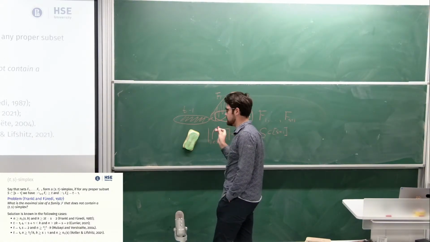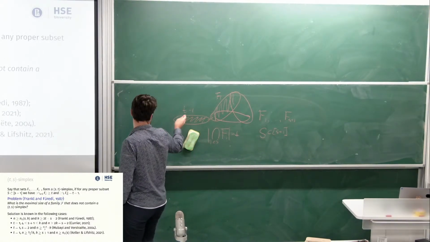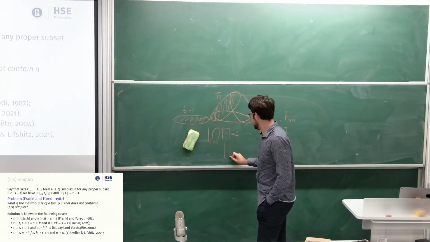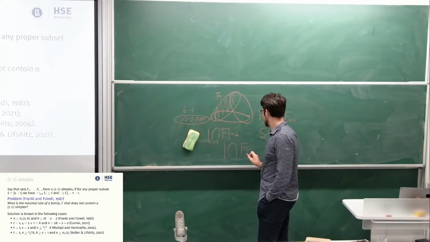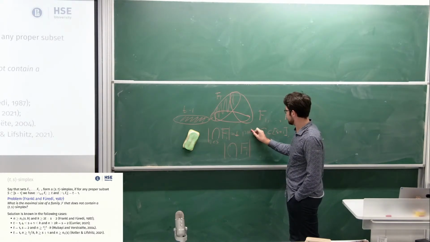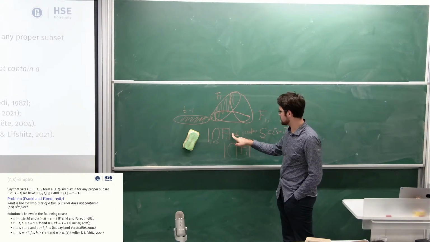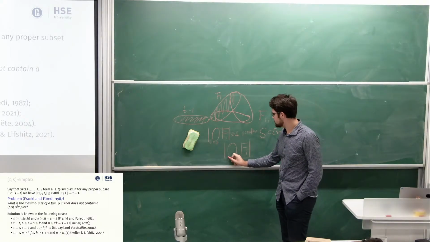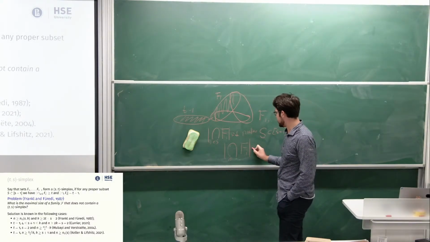So it's a simplex without the core t minus 1, and the whole intersection of this family is 0.